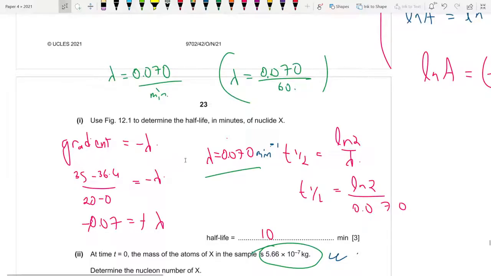Per minute, to find the half-life, it's ln 2 by lambda. So half-life is equal to ln 2 divided by 0.070. It gives us an answer of, wait, let me tell you the exact one. 9.90.